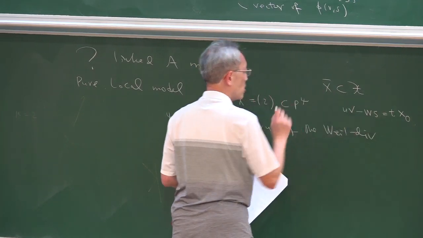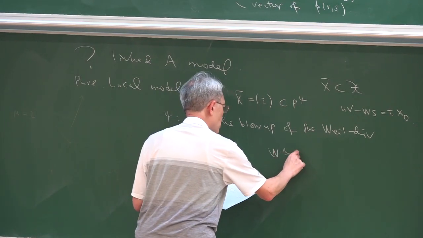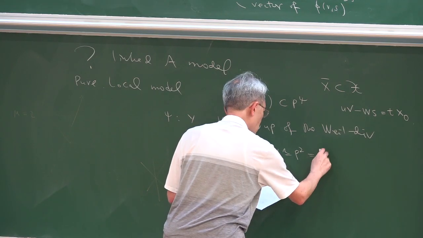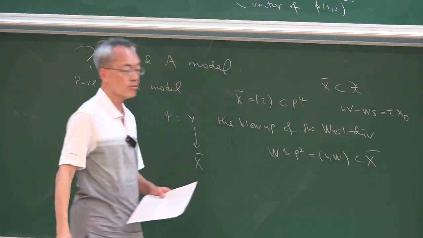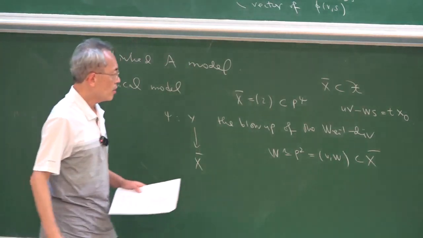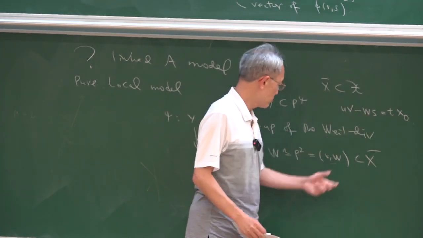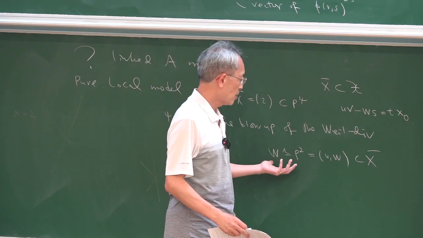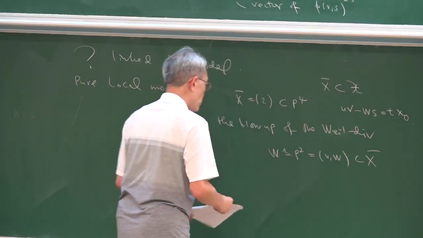So what's a small resolution? That means you want to blow up the Weil divisor, which is P2, defined in this chart by U and W both equal to 0. So it's just a piece of the Cartier divisor. Another piece is another one.